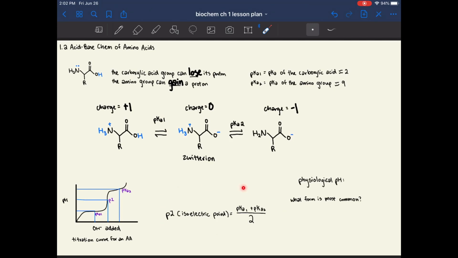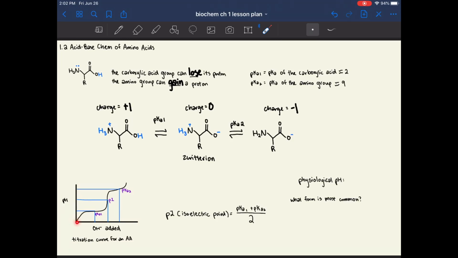So an important equation in this section is how to calculate the isoelectric point. The isoelectric point is simply the pH that this zwitterion has the highest concentration at. So here I've drawn a titration curve for a classic amino acid.